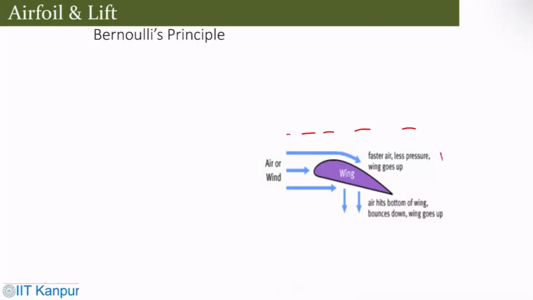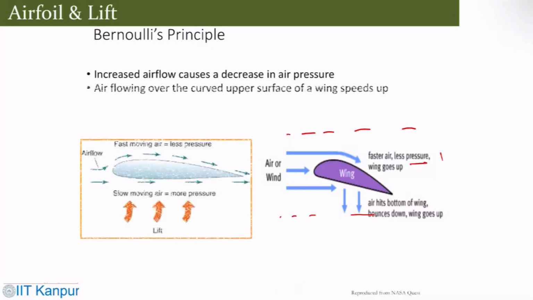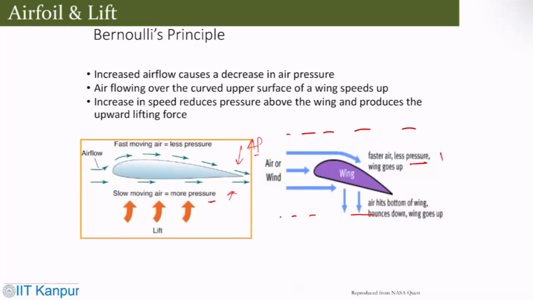So because of that, increased airflow speed decreases pressure. The air flowing over the curved upper surface of the wing speeds up, so the increase in speed reduces pressure above the wing and produces lift.